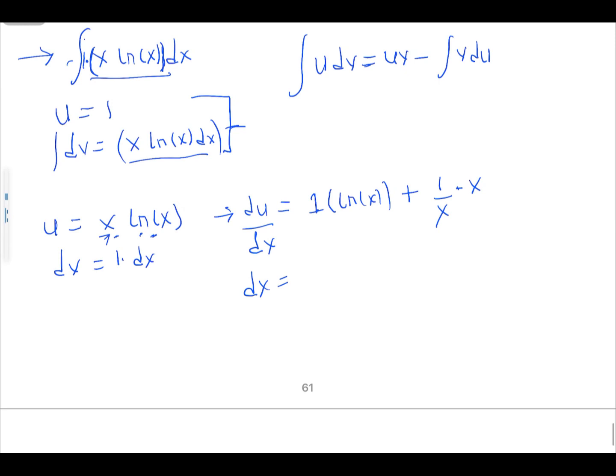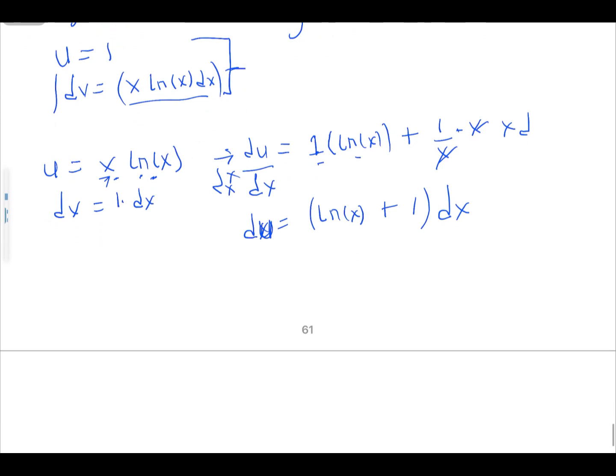And don't forget that here is the du over dx. So when we multiply both sides by dx, we get ln x, because 1 times ln x is ln x, plus, now this will cancel this, so we have 1, and we are multiplying both sides by dx, so we get dx.